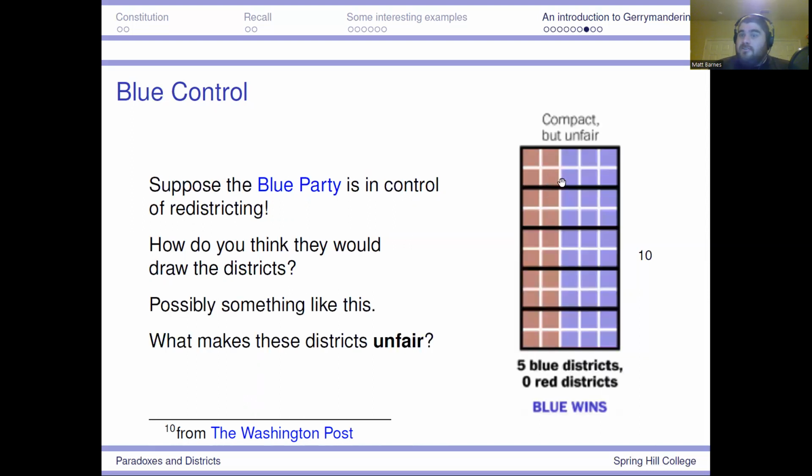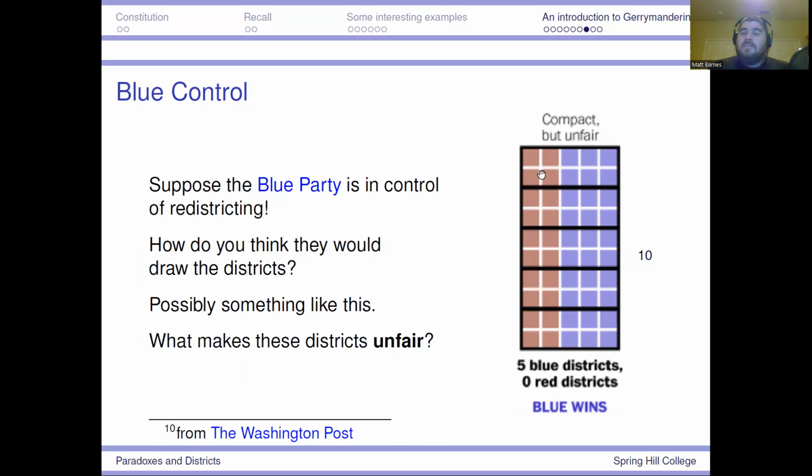Okay, so did you come up with something like this, right? Where we draw with 2 rows in each one straight down. So in each district, we have 4 red voters and 6 blue voters. Now, this seems like, okay, well, 4 red, 6 blue, that's what we had last time, right?